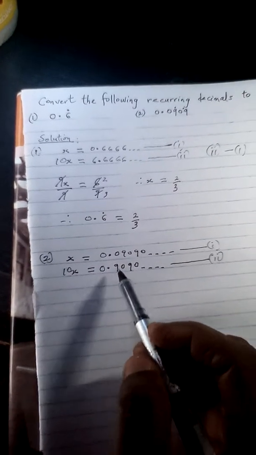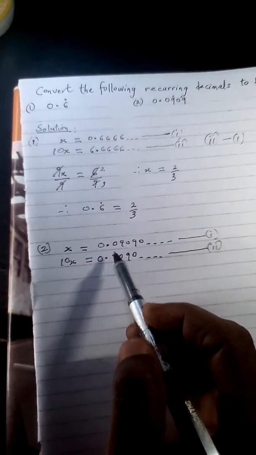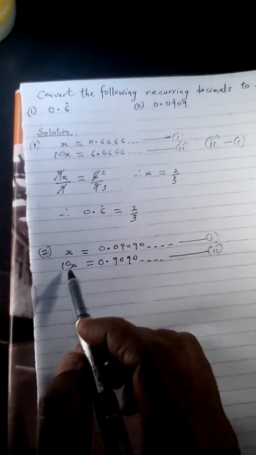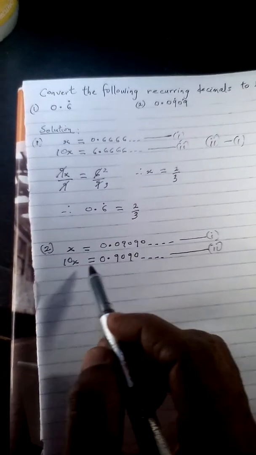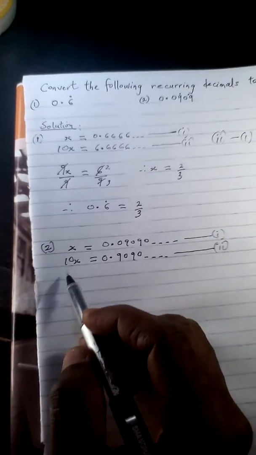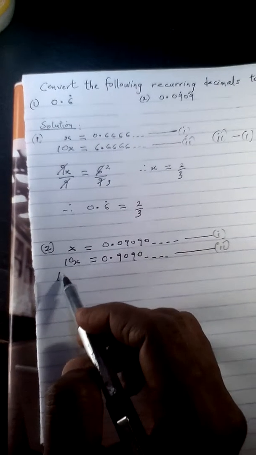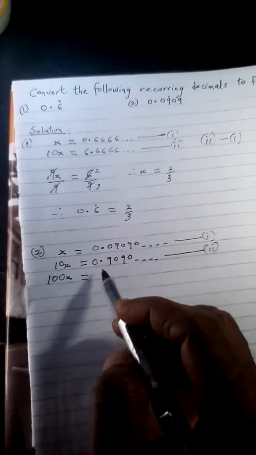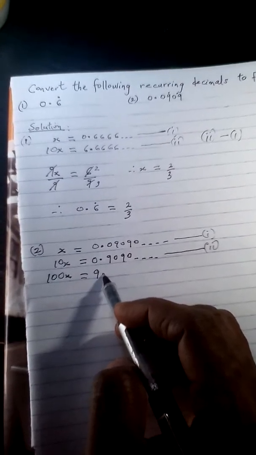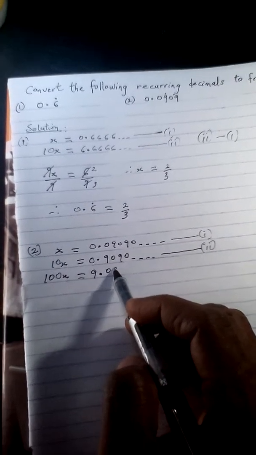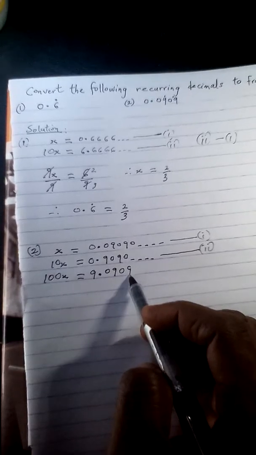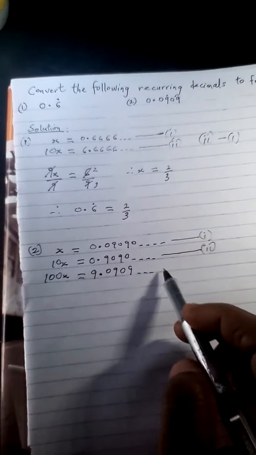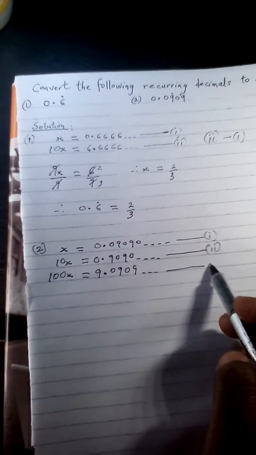So we have different numbers there. So here we multiply equation 2 again by 10. So doing that, we have 100x is equal to 9.0909, like that. So we call this equation 3.